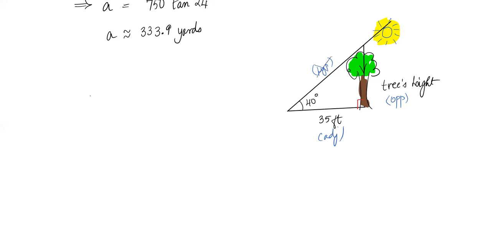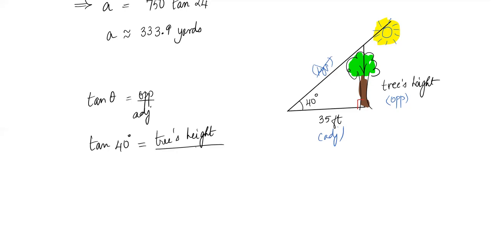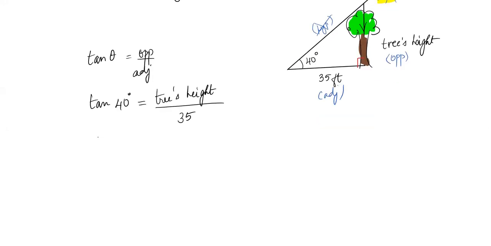And so you have tan theta is opposite over adjacent. And in this case, theta is 40 degrees. Tan 40 degrees is the tree's height, because that's what I called it. I didn't call it A, B, or C. Over adjacent, which is 35. If tree's height is too long for you, of course, that's why we use variables.